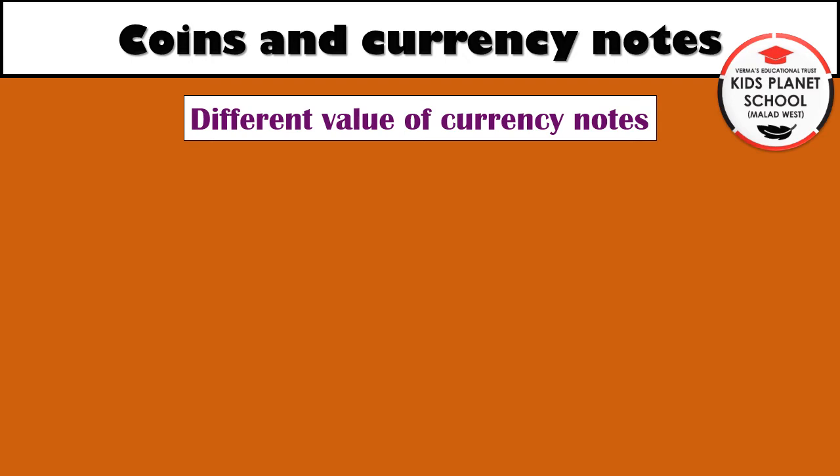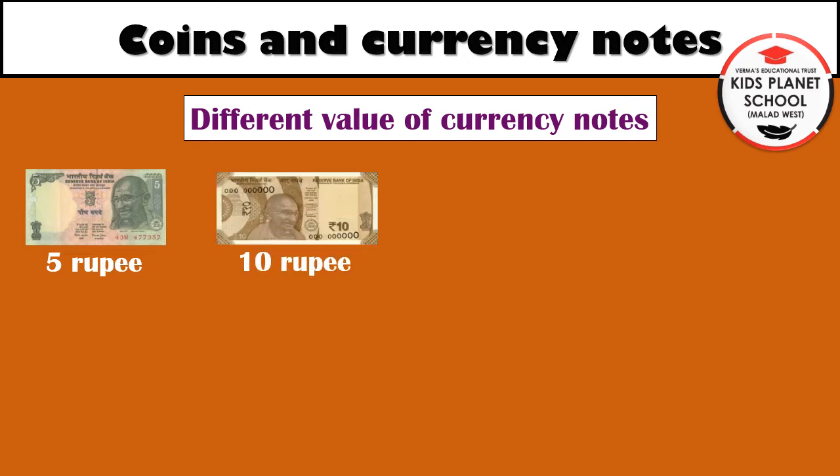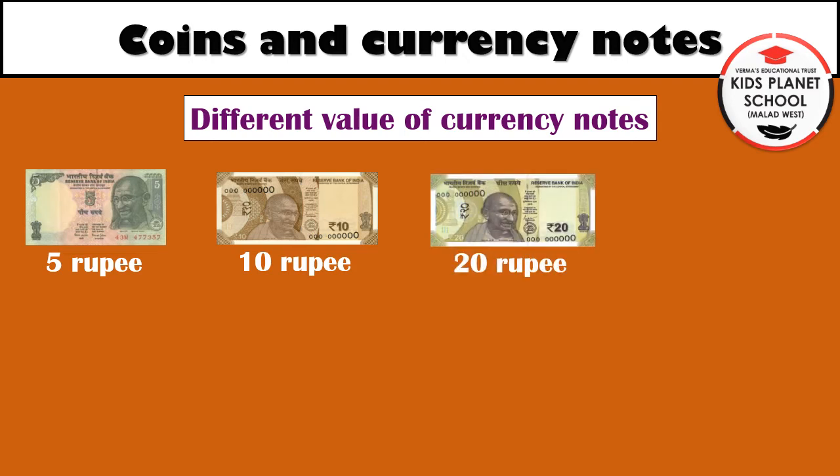Different value of currency notes. Children, let us study about different value of notes or different amount of notes. The value of this note is 5 rupee. The value of this note is 10 rupee. The value of this note is 20 rupee.